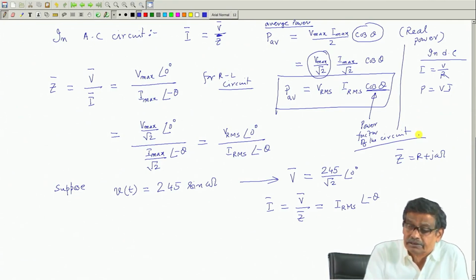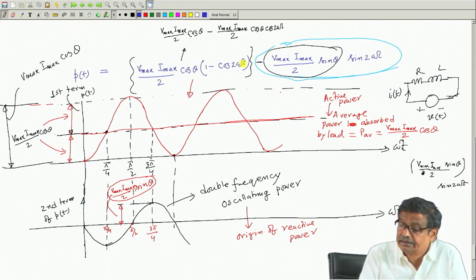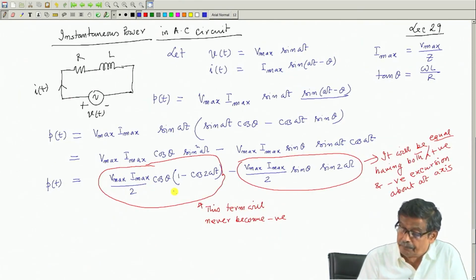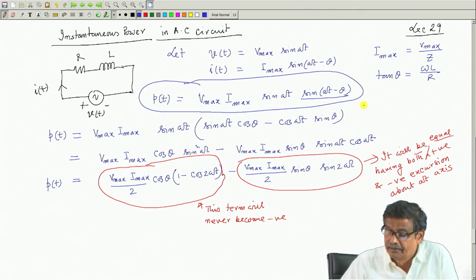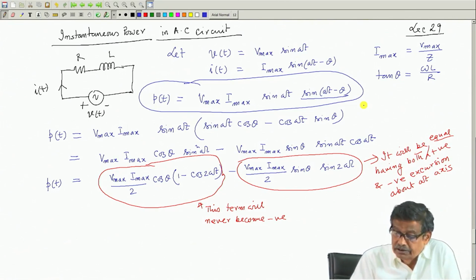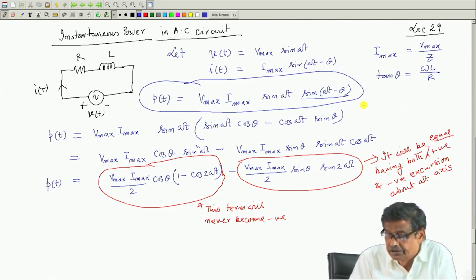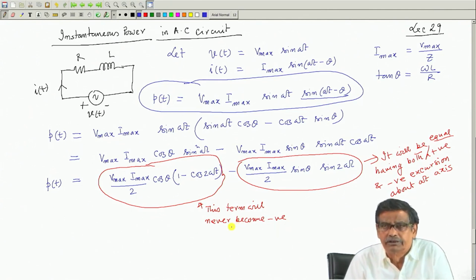Okay? So, to summarize once again, this is the expression of the instantaneous power. Then we intelligently broke it up into two terms. One term is always positive, it will never be negative. This term never becomes negative, it may come to 0.